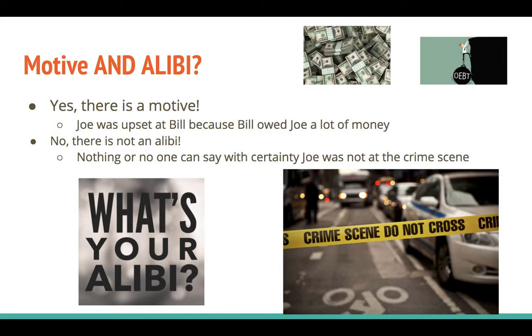And if you put those two together, our argument that Joe committed the murder is stronger. Okay, so those two pieces together make our argument stronger because we already know that there is a motive, and we already know that there is a chance he could have been present at the crime scene.